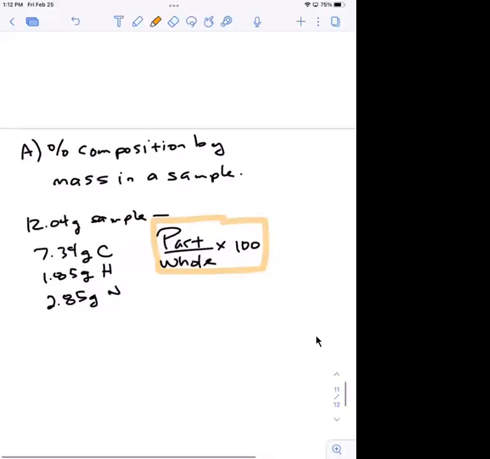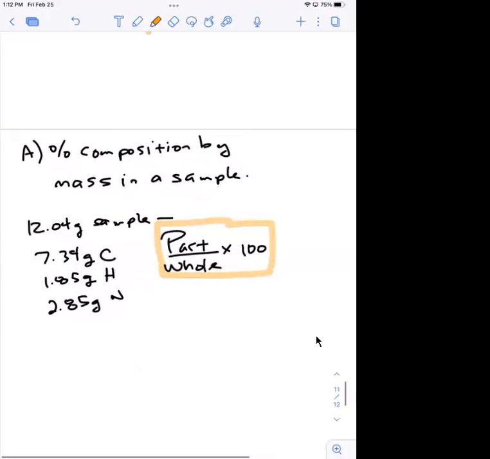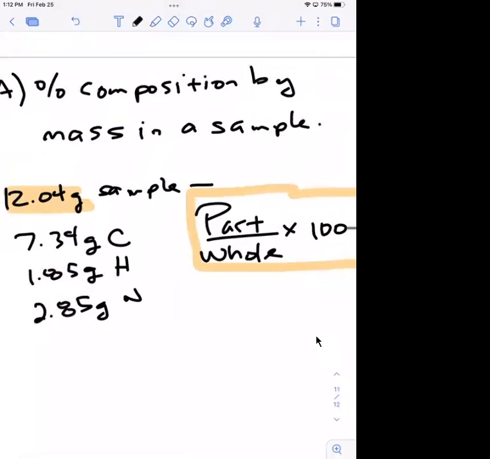So the whole is right here, 12.04 grams. And then these are the parts, the different masses that add up to 12.04 grams.